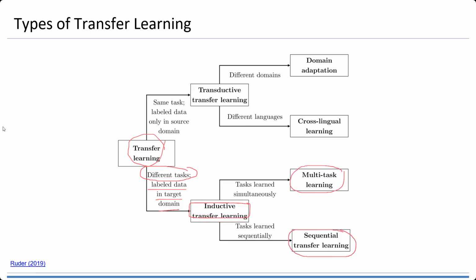For example, if you have different tasks, you already did sentiment analysis. Okay, so you have the model. And now you want to use this model, not for sentiment analysis, but for media classification.